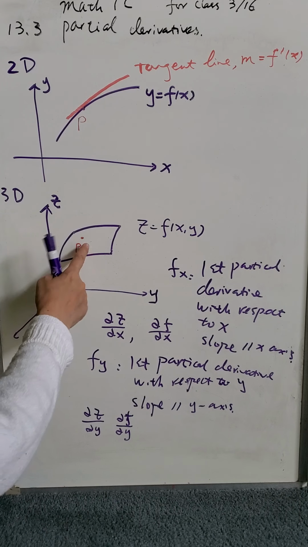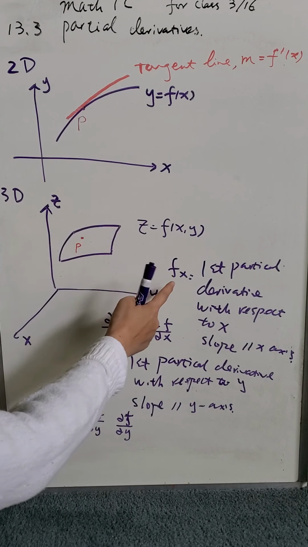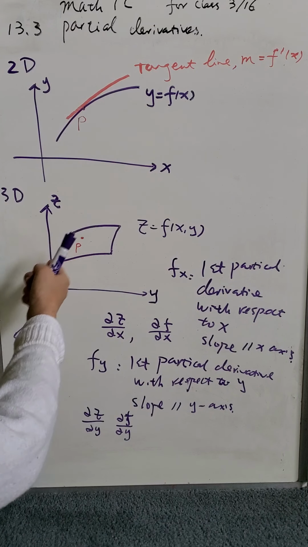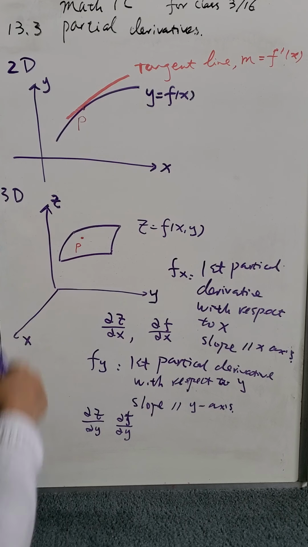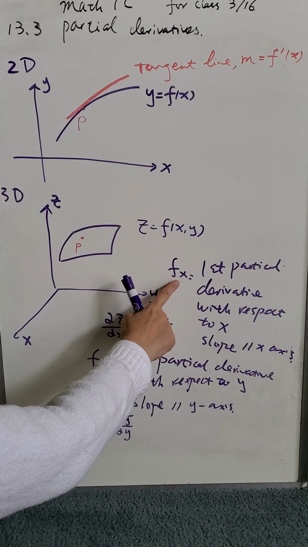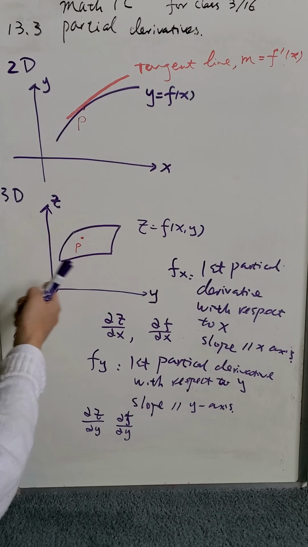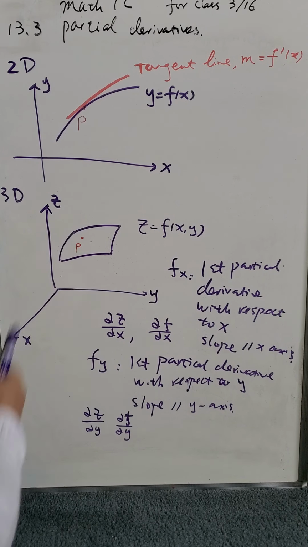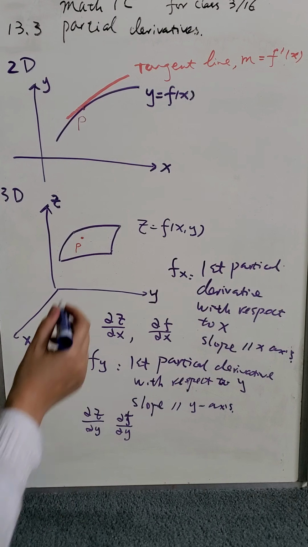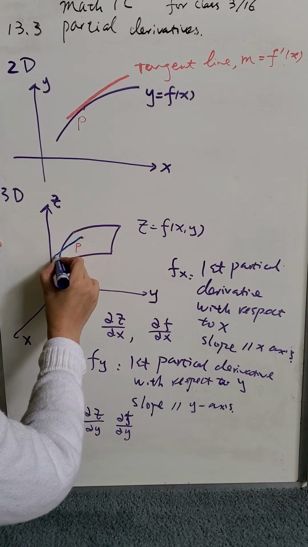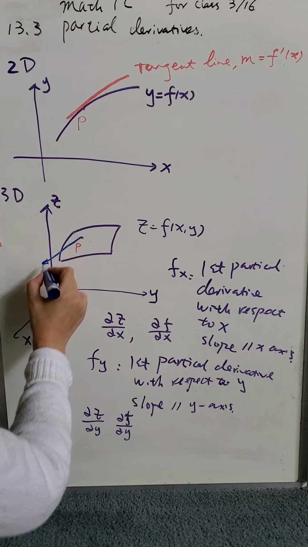The first one we're interested in is with respect to x, that means in the x direction, parallel to x. So we use the notation f of x. That's the slope going through point P in the direction of x. If you draw the line, it will be like this, in the direction of x.